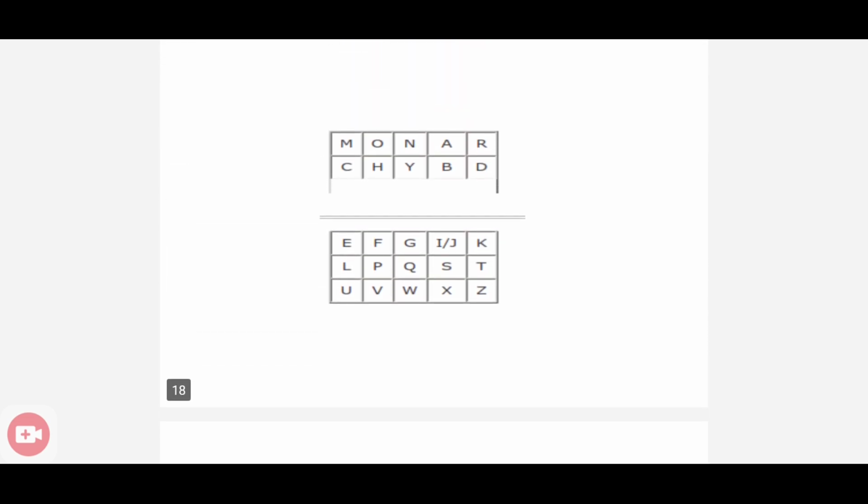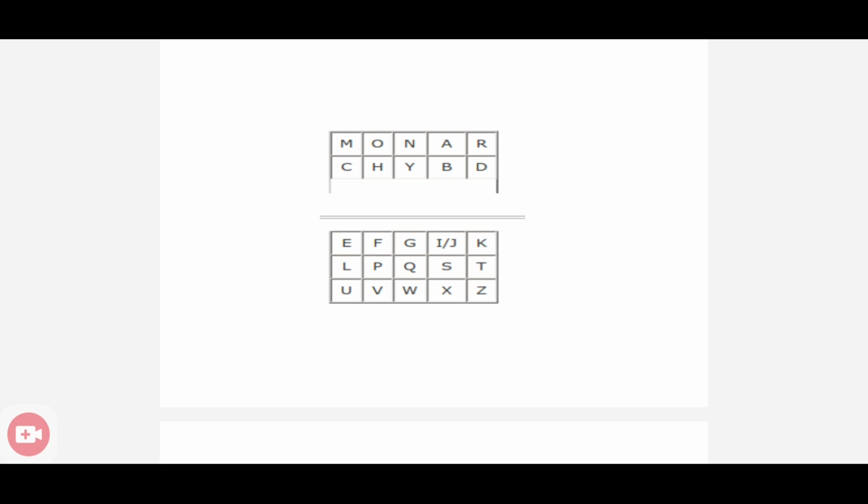So HS: H is in the second row, second column, and S is in the fourth row, fourth column. So H and S are in different columns as well as different rows.